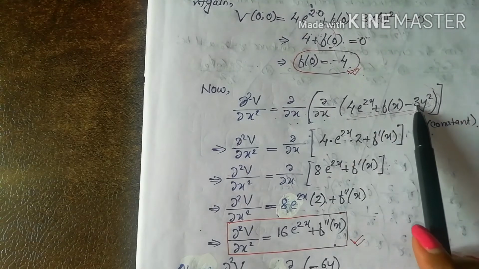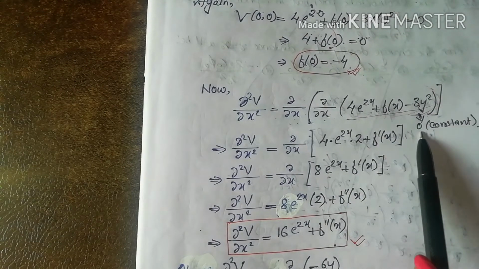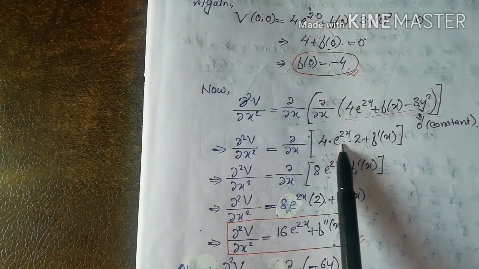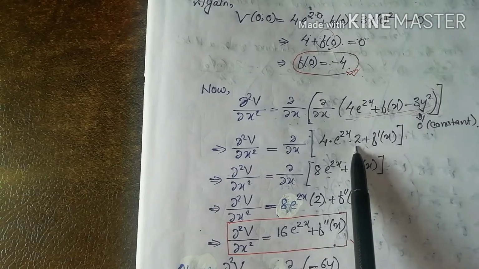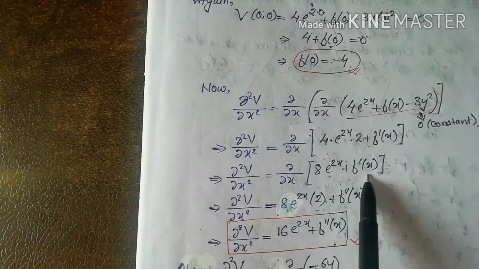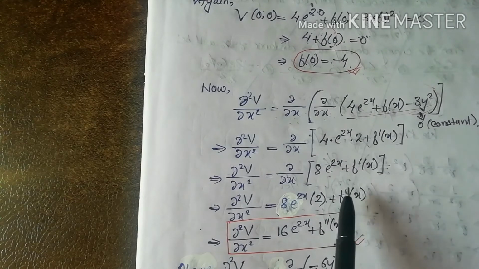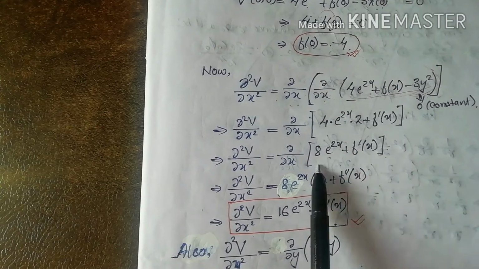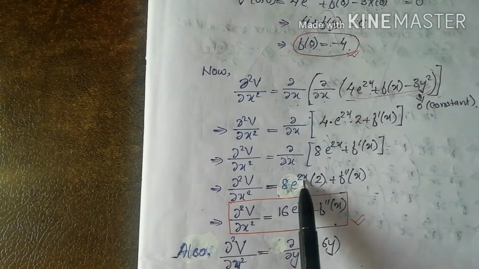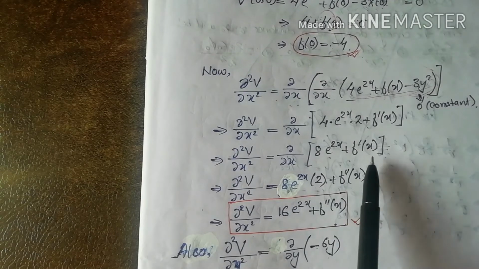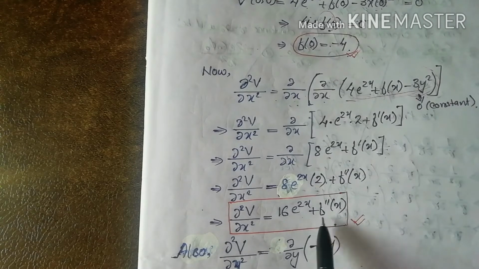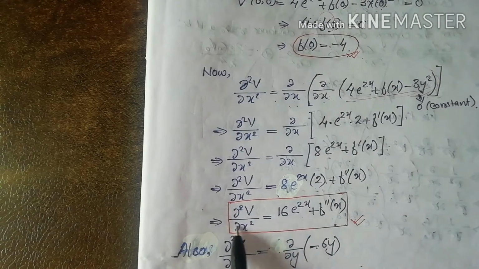In the potential, the term containing y will be constant because it has no x term. On differentiation, this term gives 4e^(2x) into 2 plus f prime x, which means 8e^(2x) plus f prime x. Differentiating again, 8 is as it is, e^(2x) gives e^(2x) into 2, plus f double prime x. So 2 eights are 16 e^(2x) plus f double prime x. This is del squared V by del x squared.